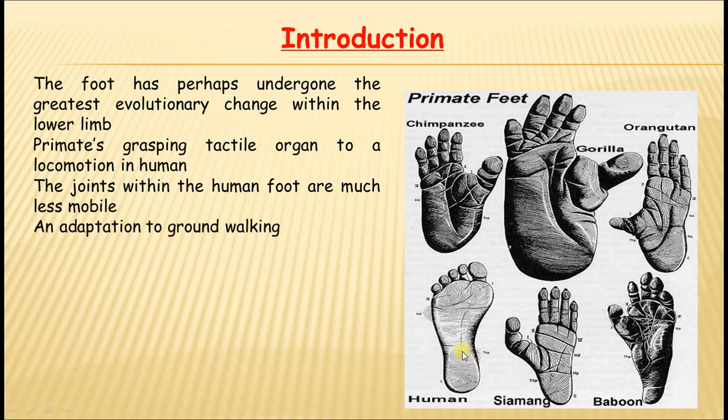This is an adaptation to walking on the ground and on uneven surfaces. This arched pattern and shape of the foot, posteriorly somewhat narrow and anteriorly expanding, is unique to man.